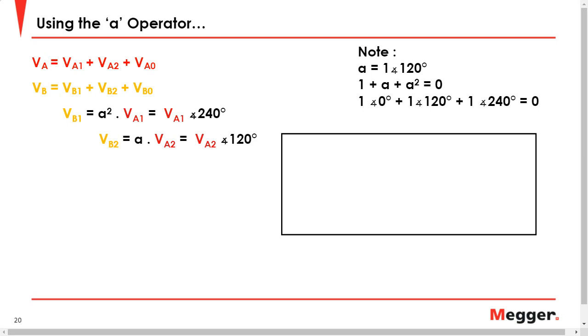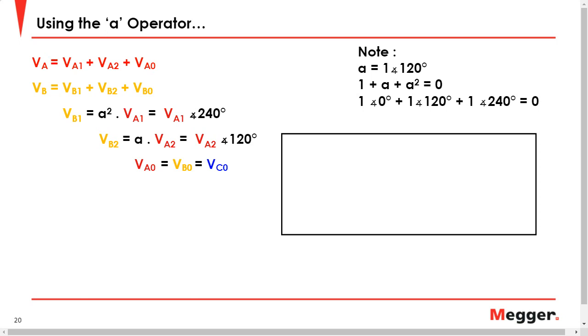And likewise with our negative sequence component, our VB2 is VA2 angle 120. And remember, the negative sequence component is going to be opposite of the positive sequence. So if you look at the phasor representation, our VB2 and VC2 are going to swap places.